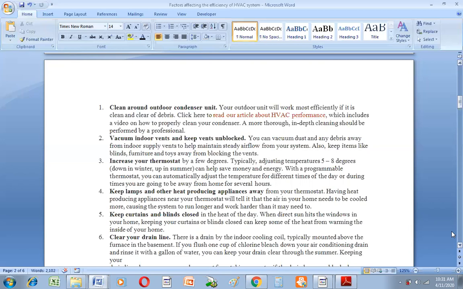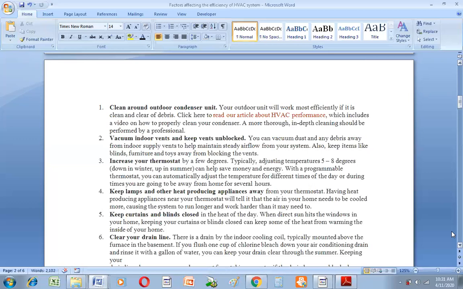Even like lamps, there might be some other heat producing appliances which are kept near the thermostat. So we have to keep those equipment also away from the thermostat so that the thermostat will sense the temperature properly, and it will work efficiently, and the HVAC system will consume less amount of electricity, and it will give more output, and ultimately the efficiency of the HVAC system will improve.